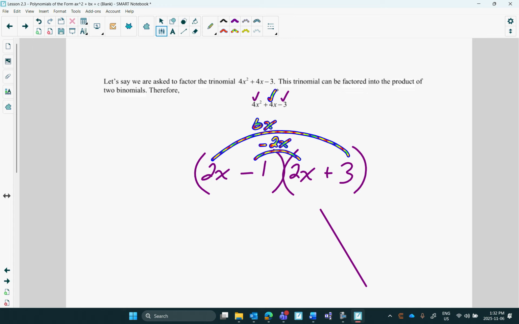Boom. Got it on the first shot. Nice. You'll start seeing patterns. Okay? There are patterns to see.